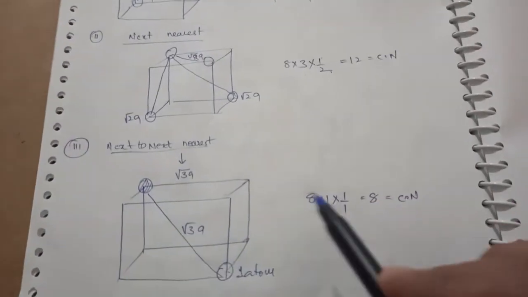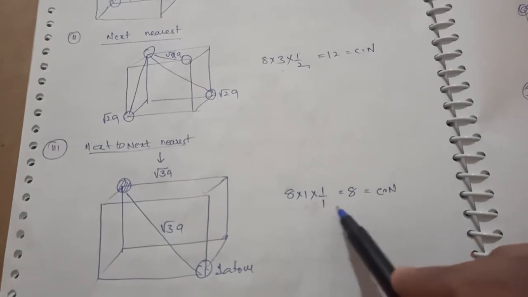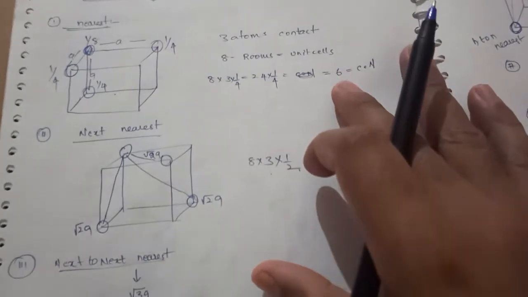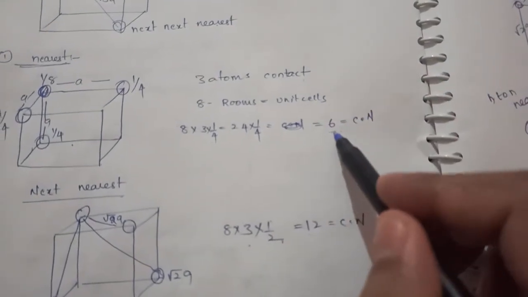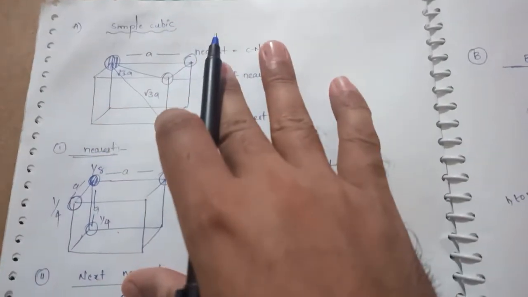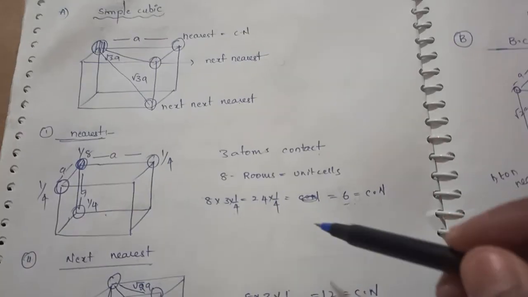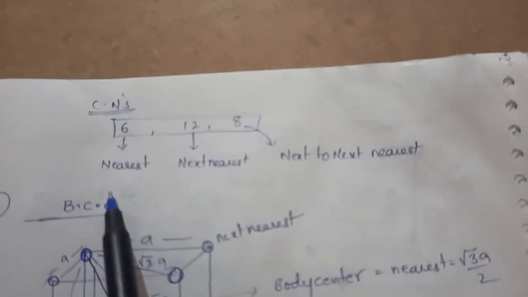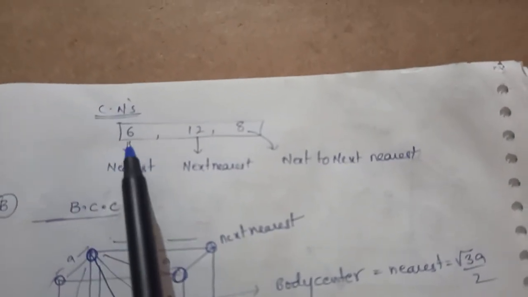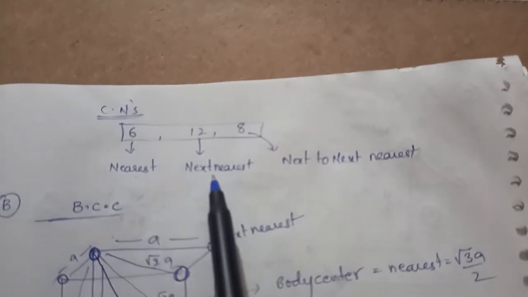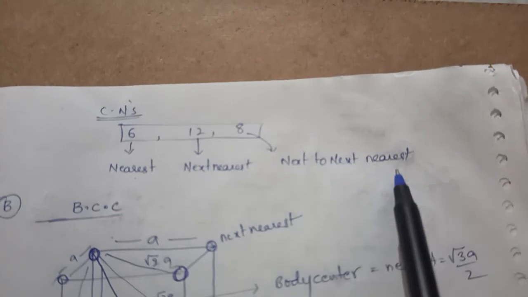So only one atom, 8 into 1 into 1. Then the coordination number is 8. The very nearest one is 6, that's why here we consider the simple cubic. For the simple cubic, the coordination number is 6. Here you can see the coordination number of simple cubic: this is the very nearest, this is the next nearest, and this is the next to next nearest.